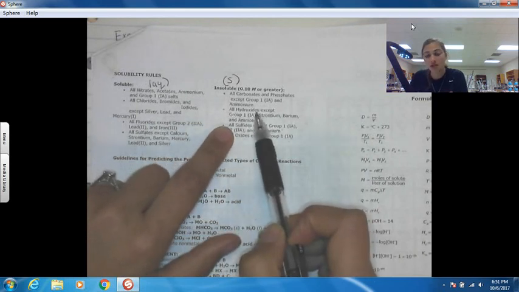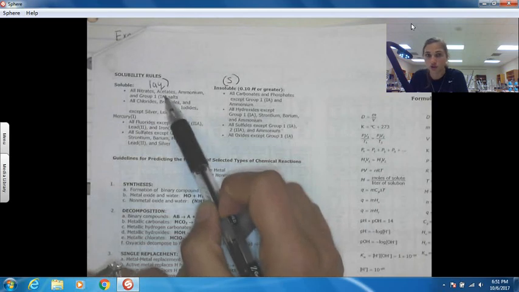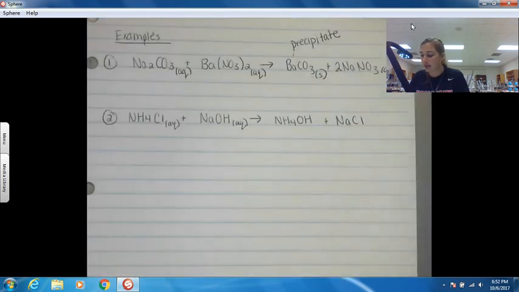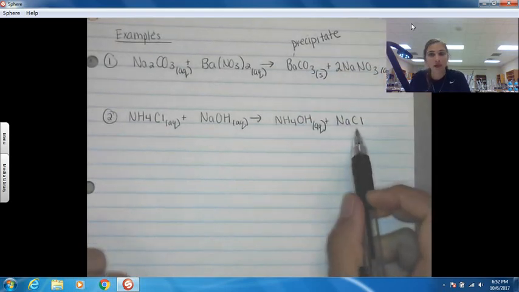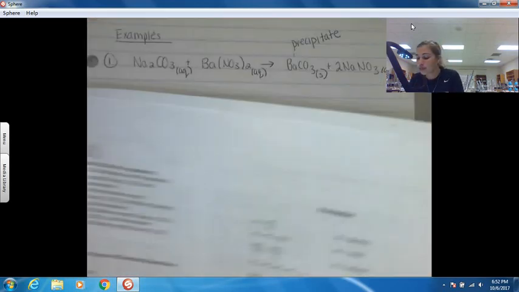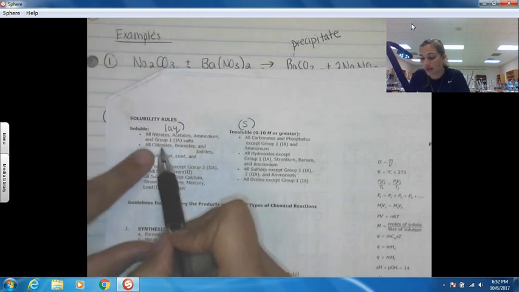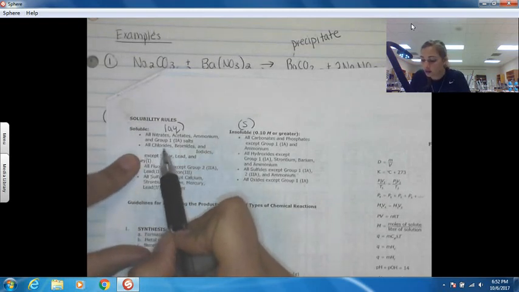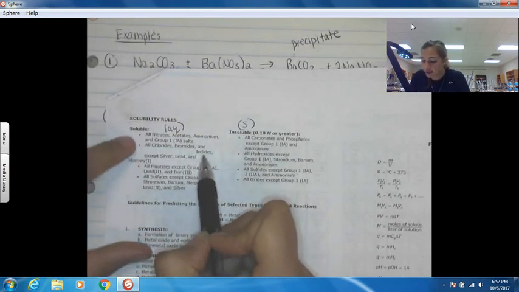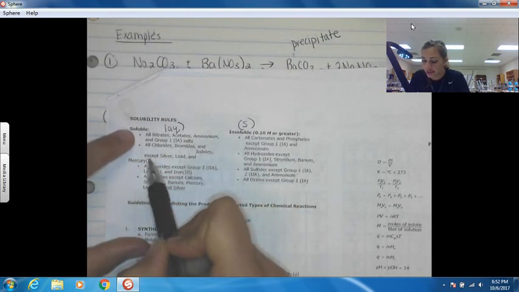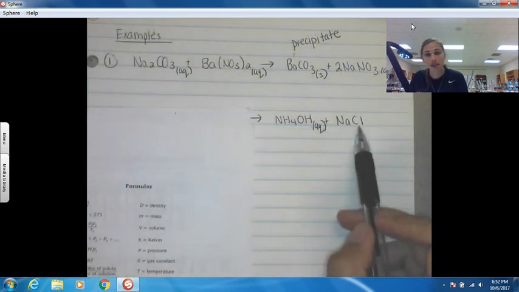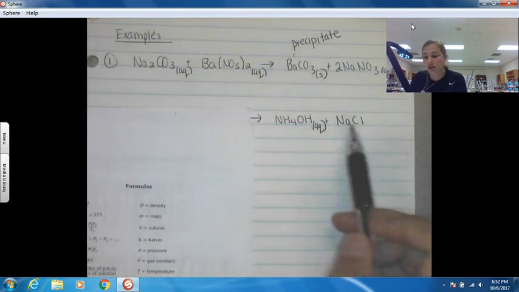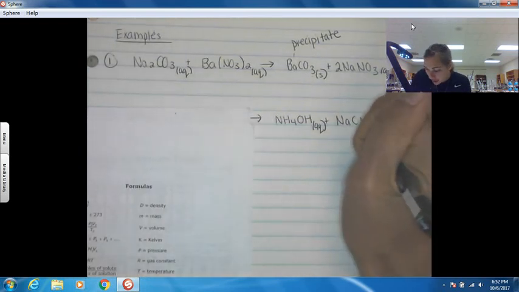So that means that it's an exception to the rule, so it jumps to the other side and it's aqueous. Now I want to look at NaCl. So that's chlorides. All chlorides, bromides, and iodides are soluble except when paired with silver, lead, and mercury. Well, our chlorine is paired with sodium, and that's not an exception, so it is aqueous.